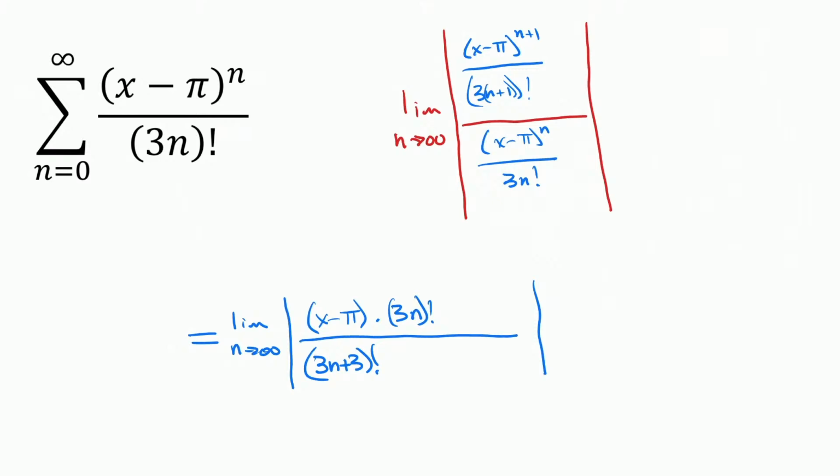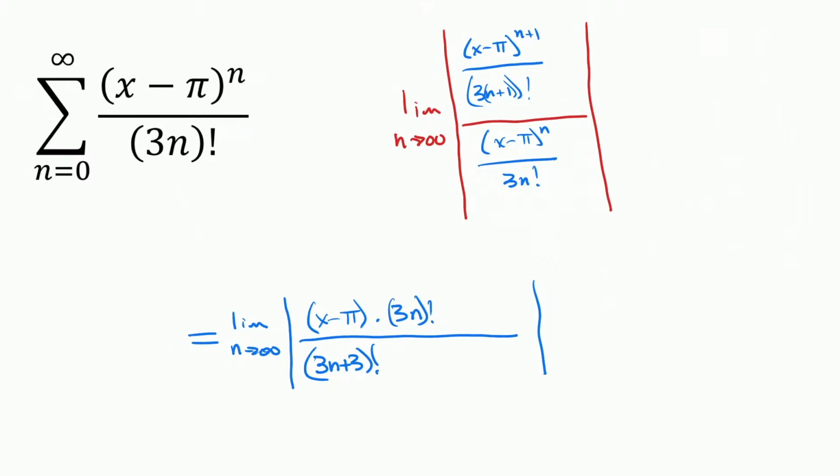I'll show you what I have here. I've got the factorials where they belong, and I wrote it as 3n plus 3, because 3 times the quantity n plus 1 is 3n plus 3.